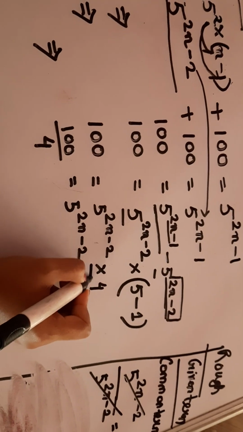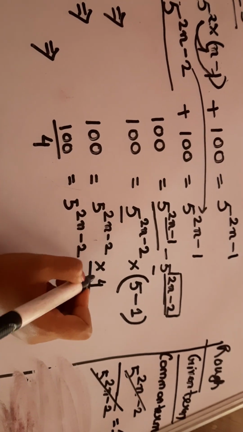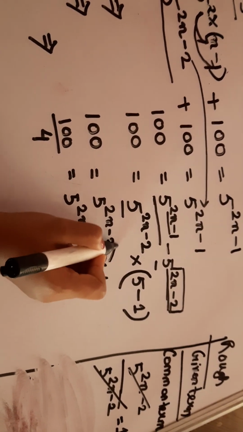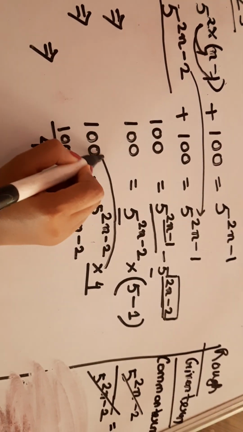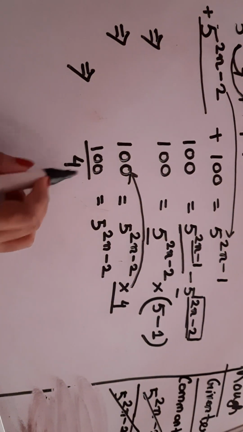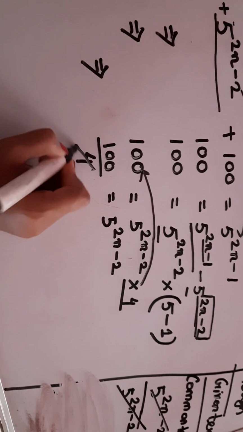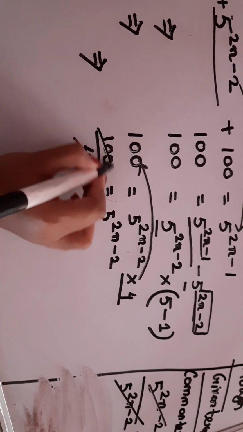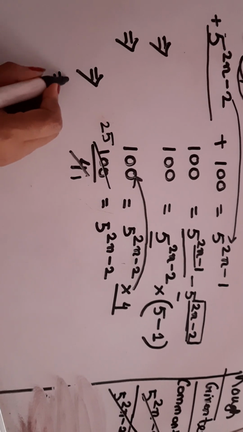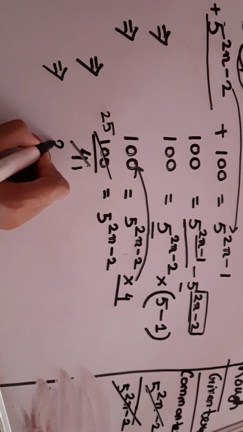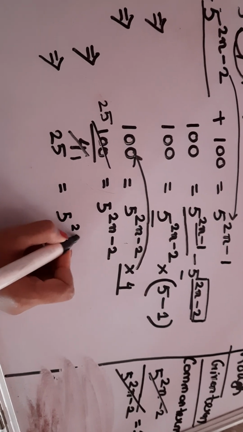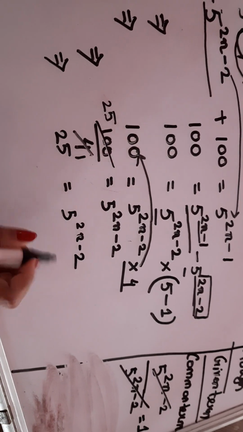Because this 4 had the multiplication sign. We are taking this multiplied by 4 to the opposite side of the equal to sign, so it will become divide by 4. Now see, it will get reduced to lowest term. 4 ones are 4, 4 25s are 100, right? So we can write here 25 equal to 5 to the power 2n minus 2.